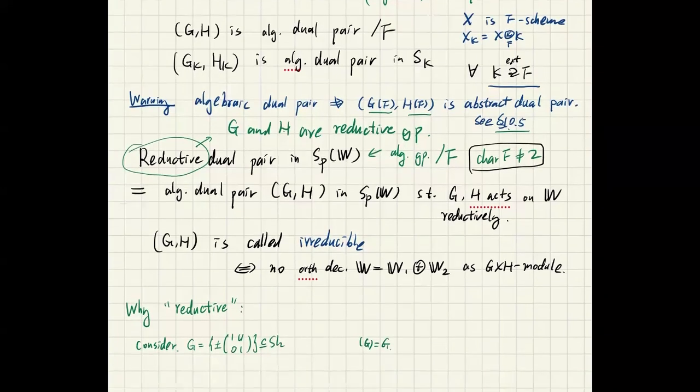Moreover, we call GH an irreducible reductive dual pair if you have no orthogonal decomposition of the symplectic space W as W1 plus W2, such that each of W1 and W2 is a G cross H module.